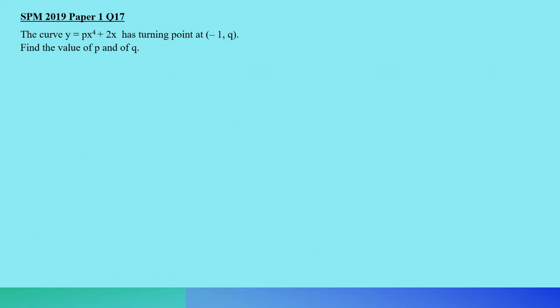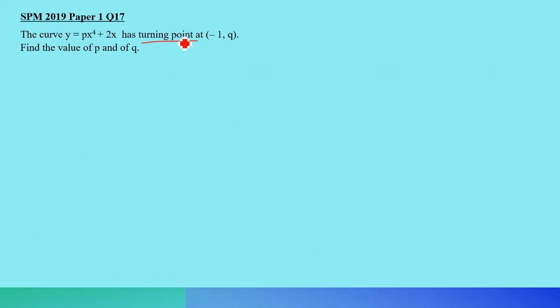The first question we're going to look at is on differentiation. Important for you to know is what is given and what you want to find. The first thing given here is your turning point, which is given as (1, q). So you need to know what the turning point stands for. Turning point means maximum or minimum.